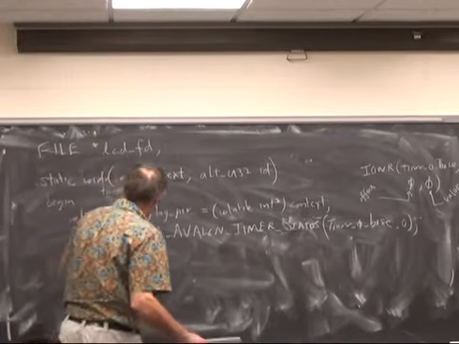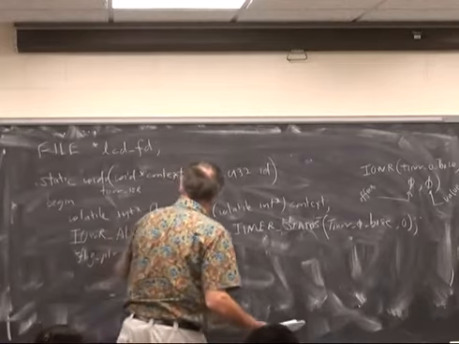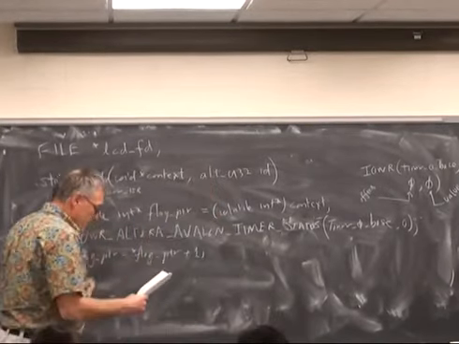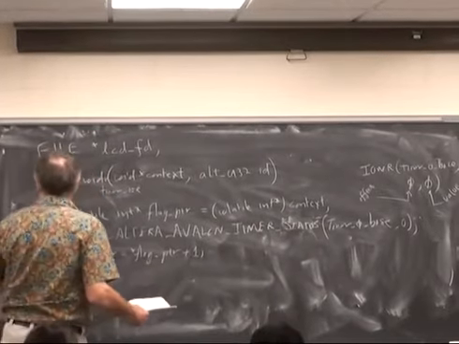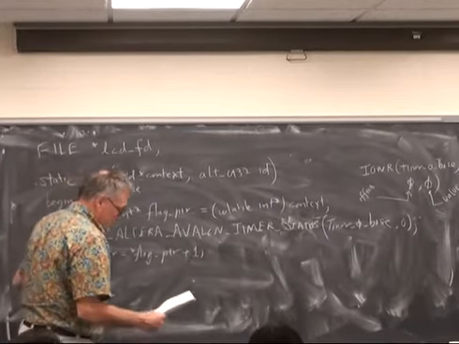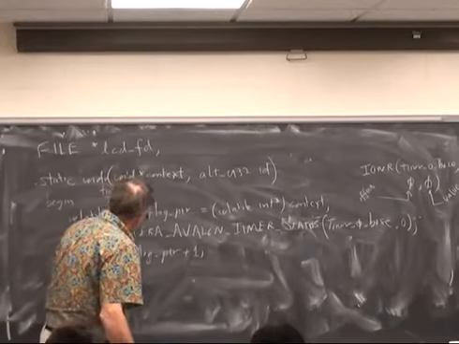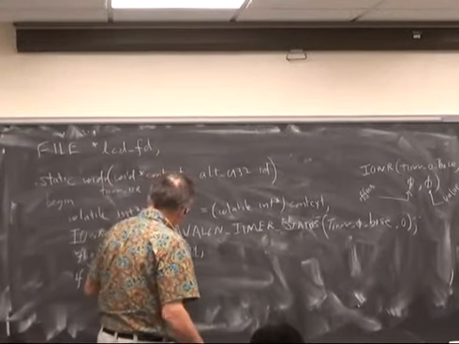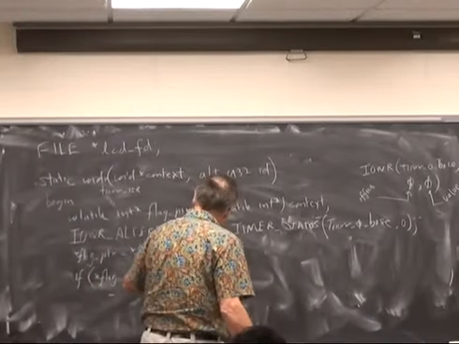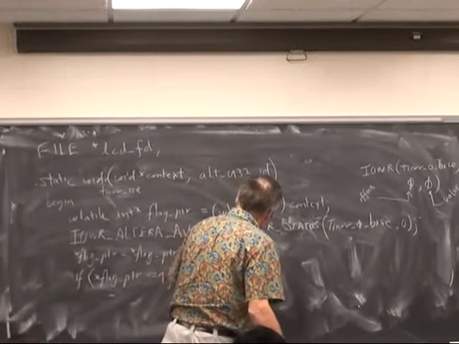Then we're going to increment the memory pointed to by flag pointer. And then if flag pointer is equal to 9, we set flag pointer back to 0.